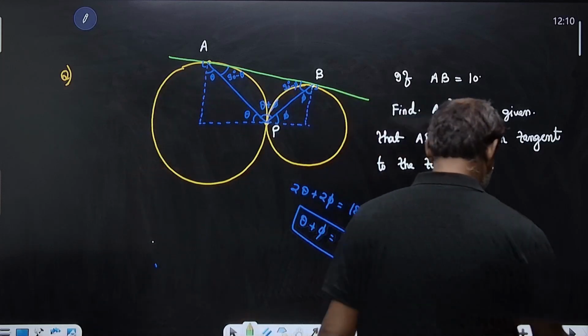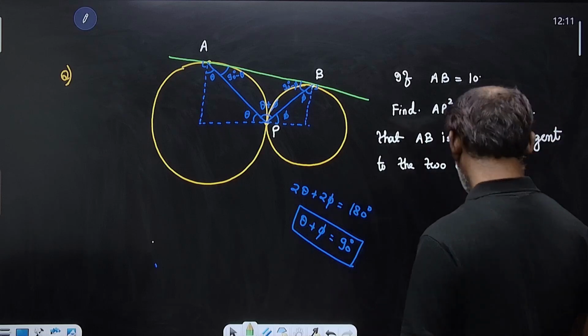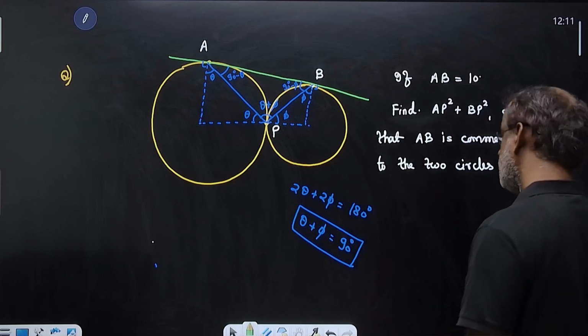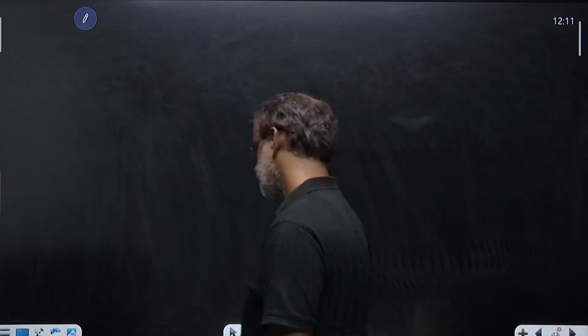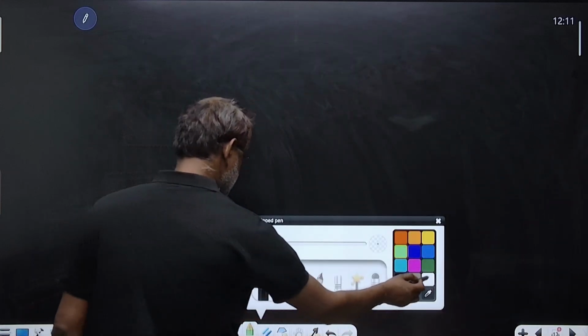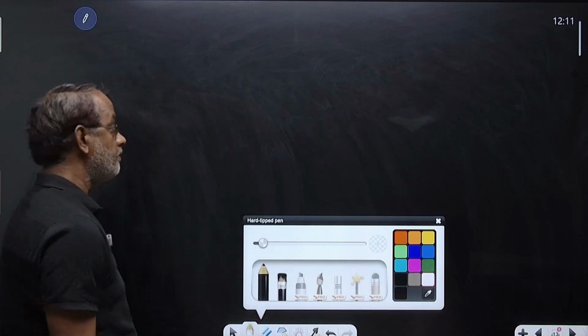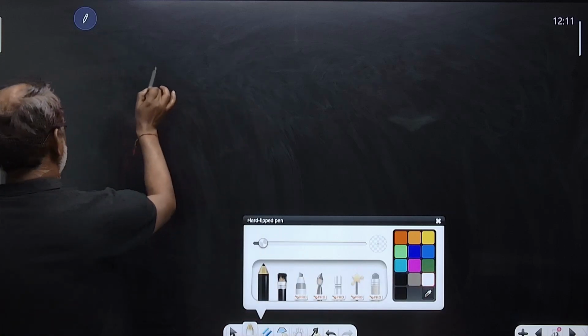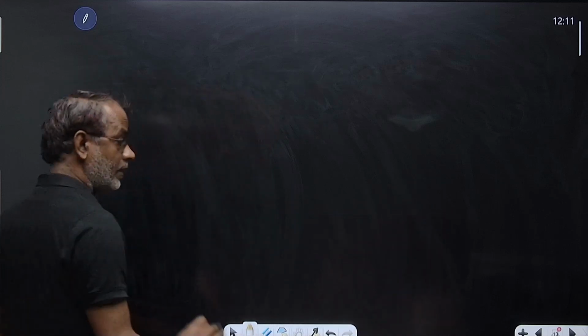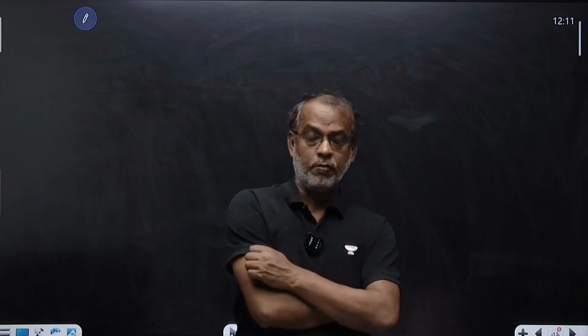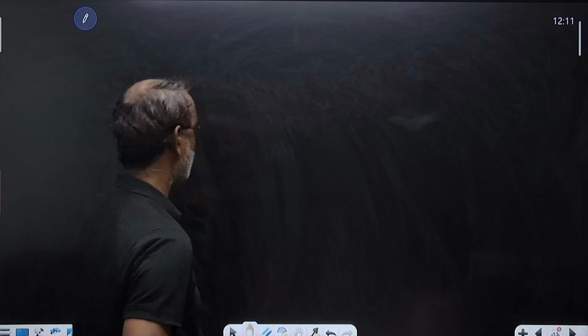Now moving ahead, if you see, suppose you are given two circles, okay. I am not deliberately writing the language of the problem, I am drawing the diagram itself, okay.